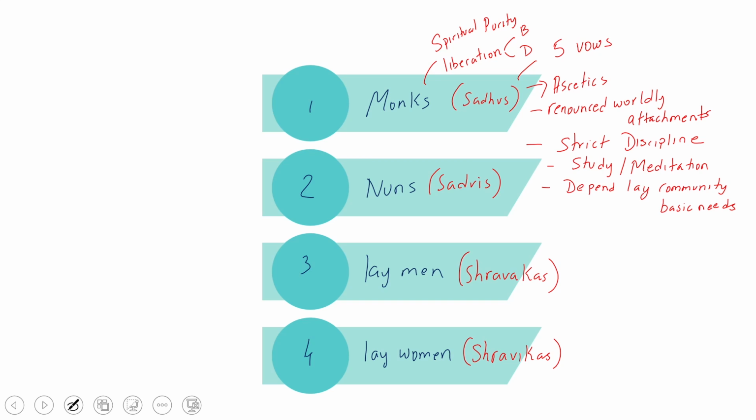Now let's come to the sadhvis. So these are basically the female ascetics. Now they also renounced worldly attachments, and they also followed a path of strict spiritual discipline.